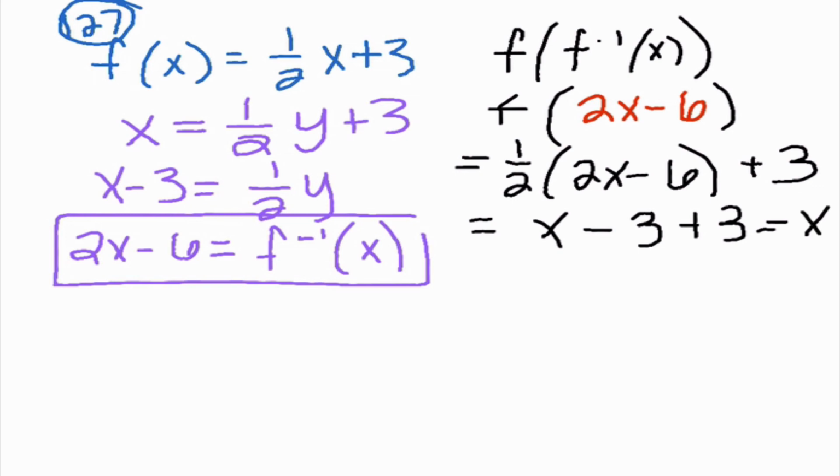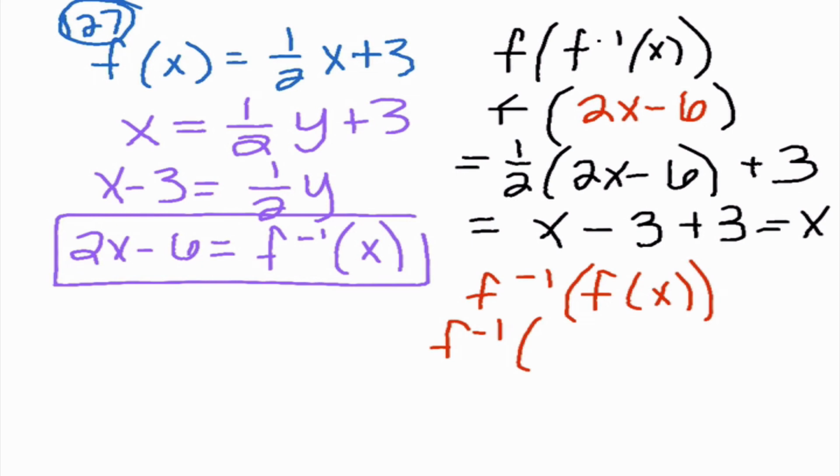And if you remember, we did learn that whenever we find inverses, when we do this composition, it should end up equaling x. Now I need to do the opposite way, where my input this time is our original function, and I'm inputting that into the inverse. So I'm going to write the inverse of 1/2 x plus 3.